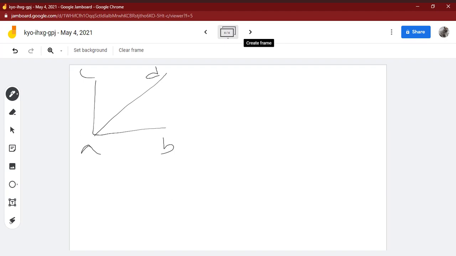Now if you connect this one, it has a Hamiltonian path, but it has no Hamiltonian cycle. It can go through this and this, so it is a Hamiltonian path, but there is no Hamiltonian cycle. If you start from this, you can't end here. Is that clear? So this graph has no Hamiltonian cycle.